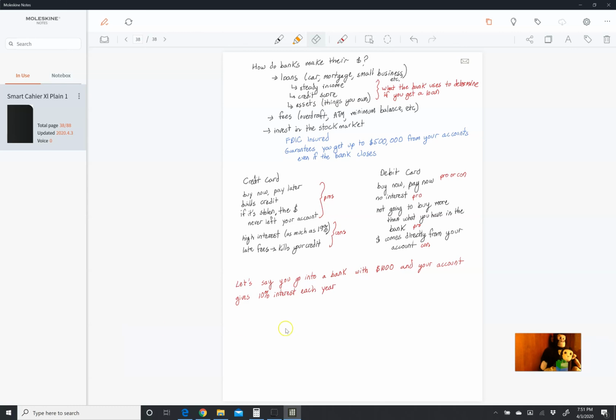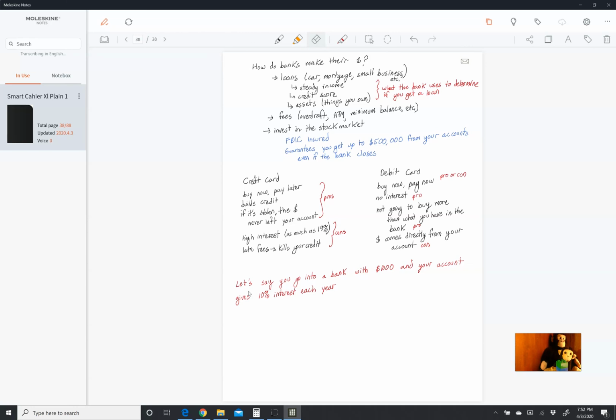You would never get 10%. This is super, super high. I'm using it because it's a nice, easy number, and I want this to be simple. So you go into a bank with $1,000 and your account gives 10% interest per year.